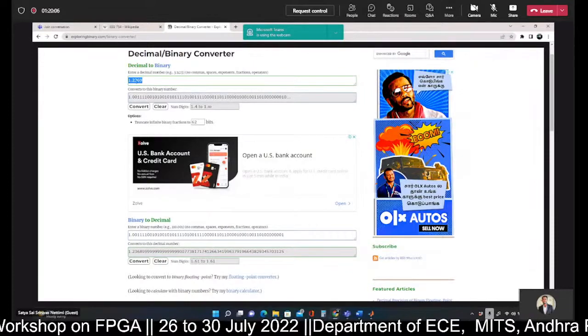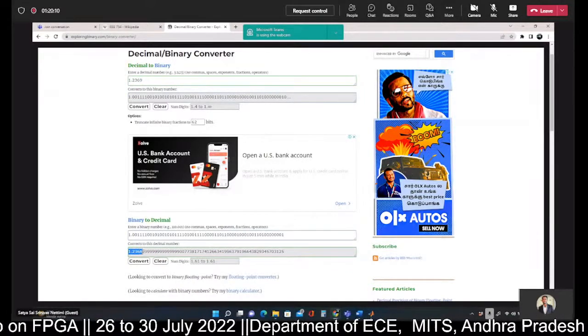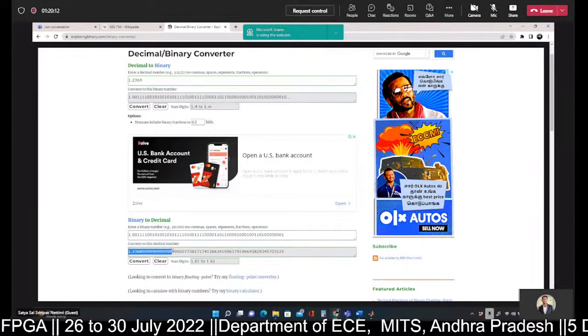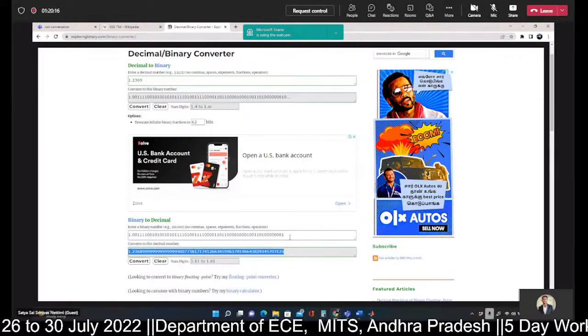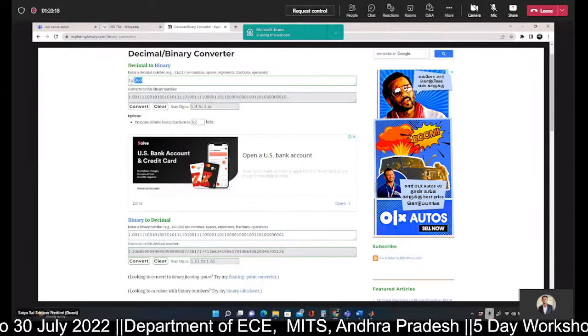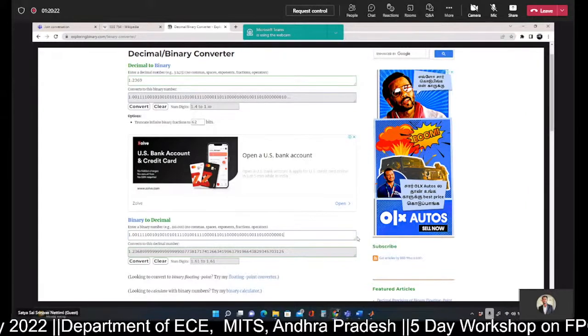The actual value is 1.2369, but you end up with 1.23689999999, and so on. So in order to represent this number exactly, we need an infinite number of bits in the fractional part.